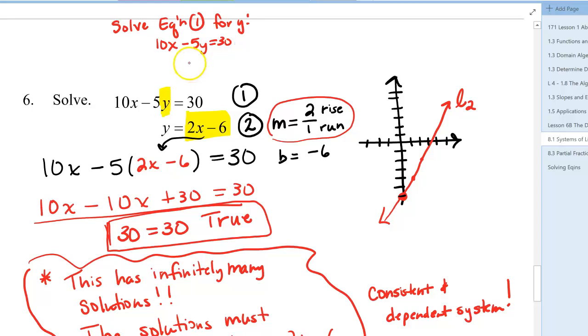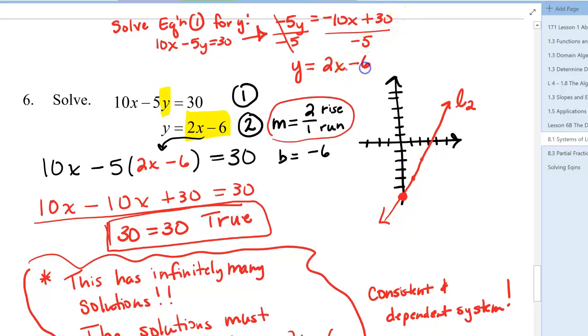If I subtract 10x from both sides, that's going to give me negative 5y equals negative 10x plus 30. And then if I divide both sides by negative 5, something interesting happens. On the left, we're left with y. Negative 10 divided by negative 5 is 2x. 30 divided by negative 5 is negative 6.